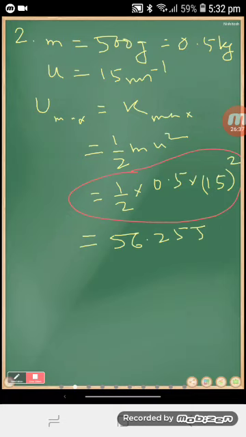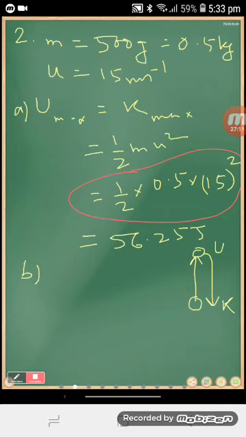Now the second part asks you the kinetic energy on reaching the ground. Keep in mind what it is saying: a ball is thrown up, and then this ball comes down. So here we have to find U and here we have to find K. Definitely when the ball comes down, considering that there is no loss, this is your A part.